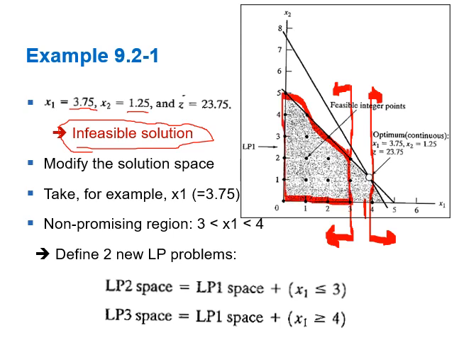When we say that x1 is greater than or equal to 4, we get this small triangle here. It's the feasible region. So you see, we ignore the region in between 3 and 4. Why? Because there are no integer solutions there. Look at the black dots. Are there any black dots in this interval?